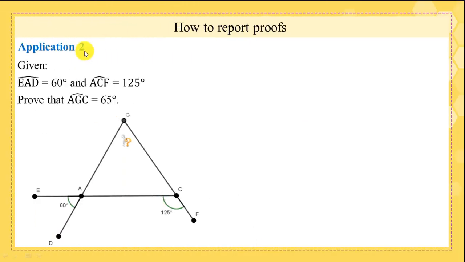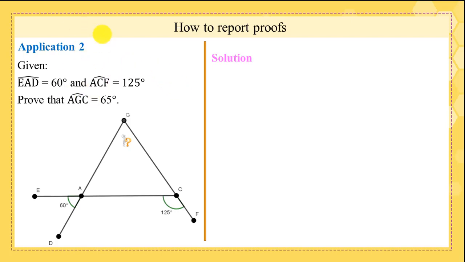Application 2. Given EAD equals 60 degrees and ACF equal 125 degrees. Prove that AGC equals 65 degrees. Please pause the video and try to solve the application. Solution. Before we start our proof, we have first to mention the given. What given do we have?